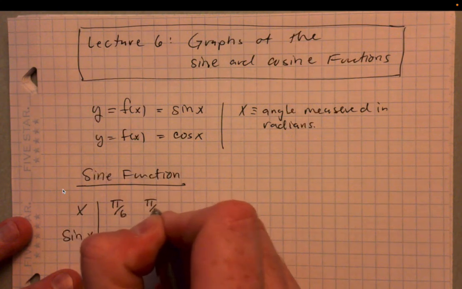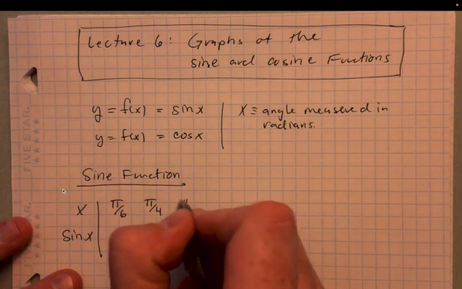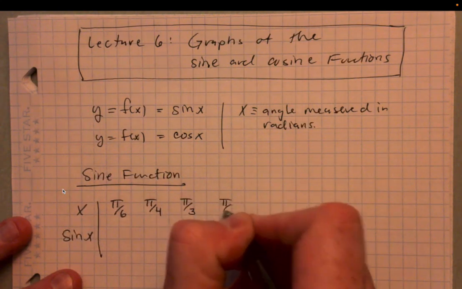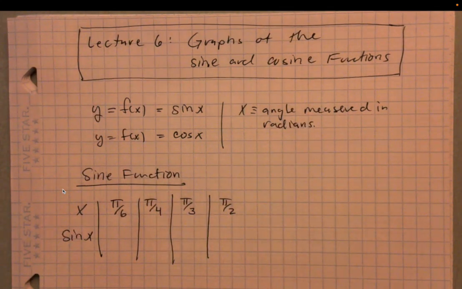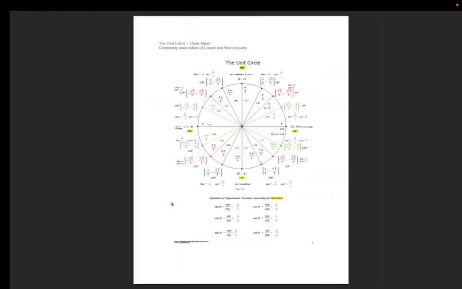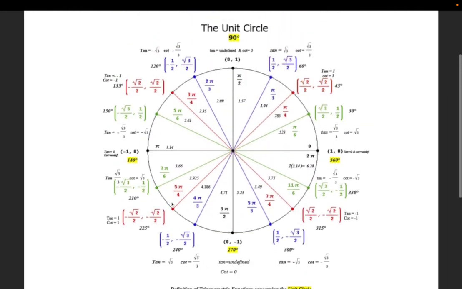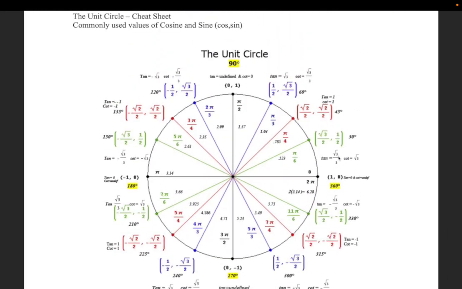Pi over 6, pi over 4, pi over 3, pi over 2. Now, we can just simply look up these values if we want to. We've got our unit circle right here, and we can just look at the values of the sine function. So it starts at 0, and then goes to 1/2, square root of 2 over 2, square root of 3 over 2, and then 1.